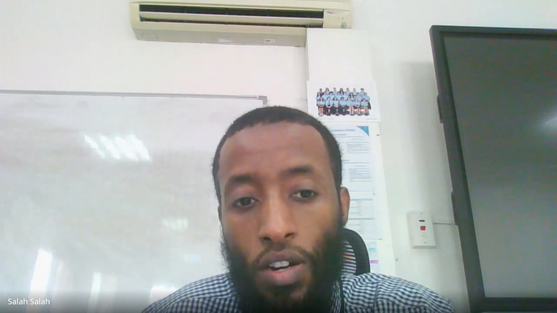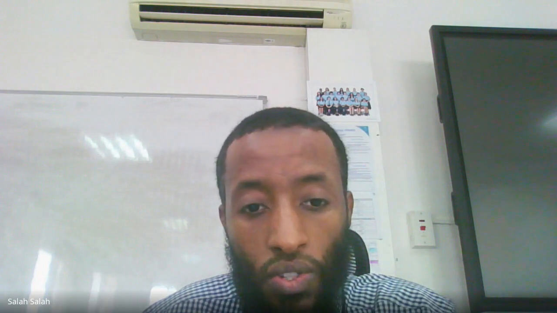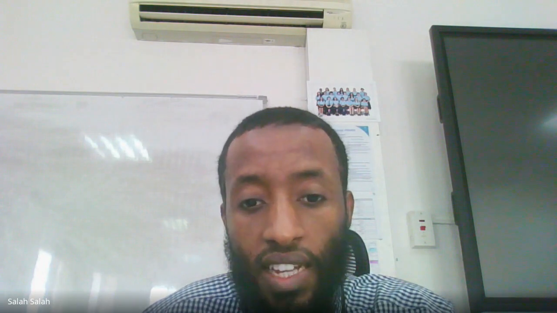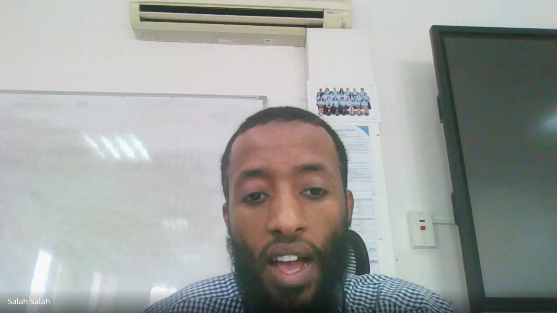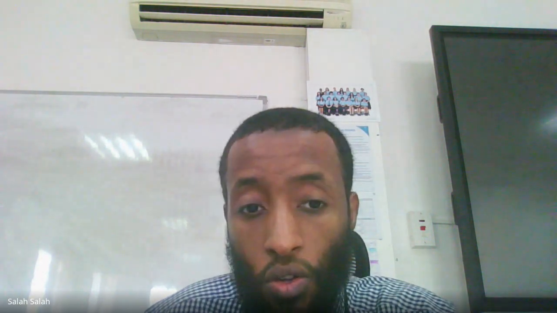So in the decode, the MAR would still be used. The PC would not be incremented. That would be incremented in the fetch stage. The MDR would be used. The control and the data bus would be used. And then in the decode as well, it would use the current instruction register and the accumulator.